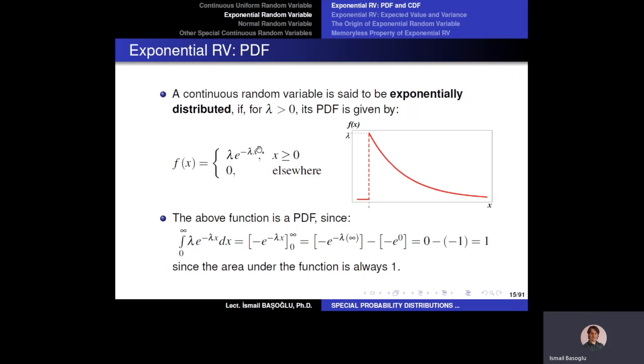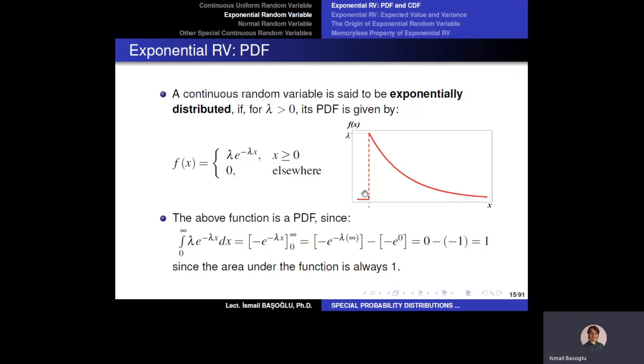And lambda should be chosen as a positive value, okay? And this parameter, lambda, is called the rate parameter, just like in the Poisson random variable, lambda is called the rate parameter. So for positive values of the rate parameter, we get a different exponential random variable every time.